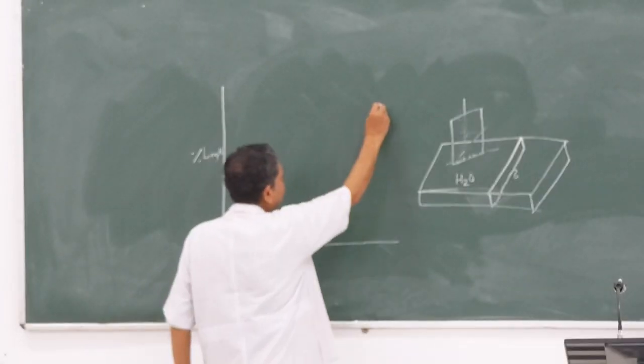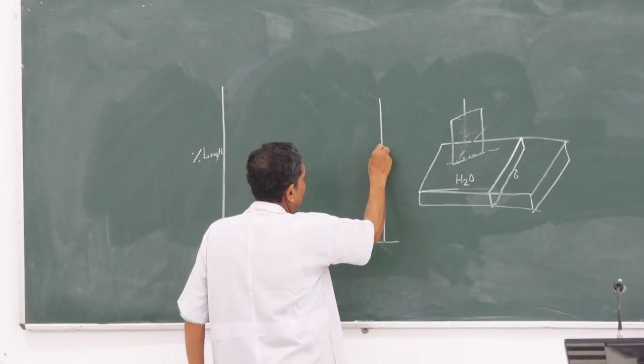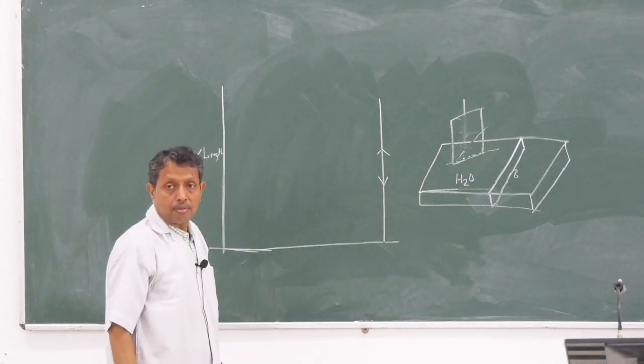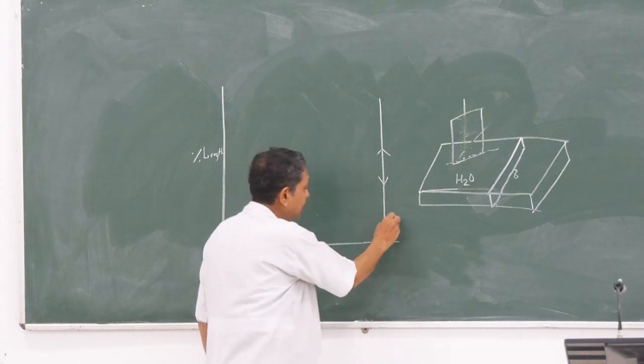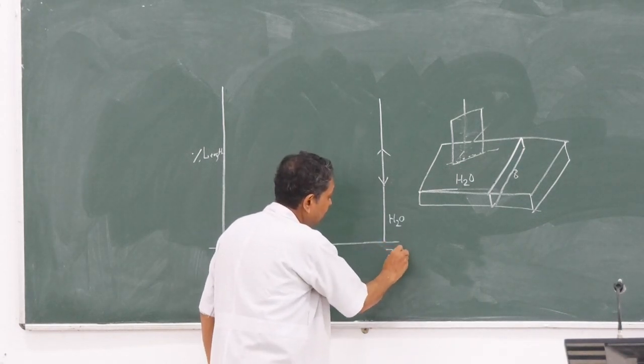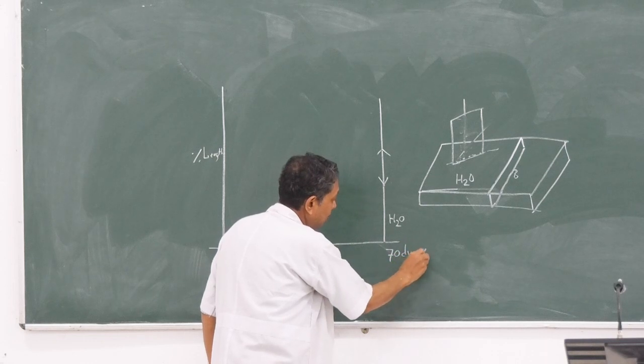And whatever it may be, you will see that in the case of water it is independent of the surface area. In case of water, it is 70 dyne per centimeter.